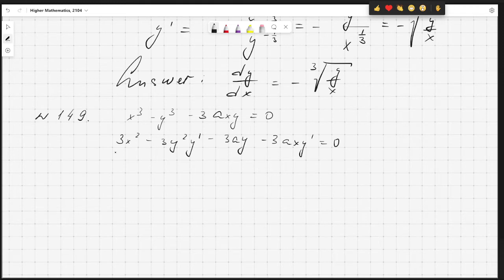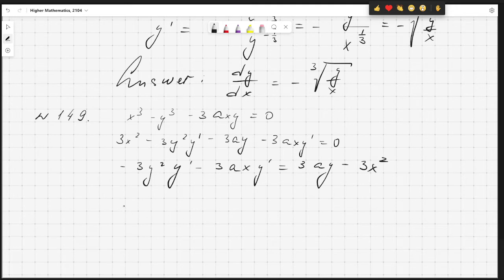All that contains y prime we must leave in the left part. All that does not contain y prime goes in the right part.